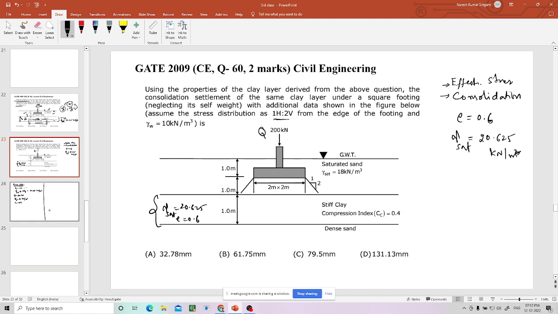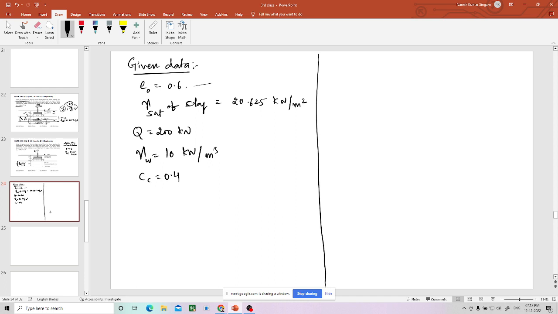See, now let us write the formula first to find the settlement. S equals Cc into H naught divided by 1 plus e naught, multiplied by log of initial stress plus the extra stress, effective stresses. You have to take initial stress.